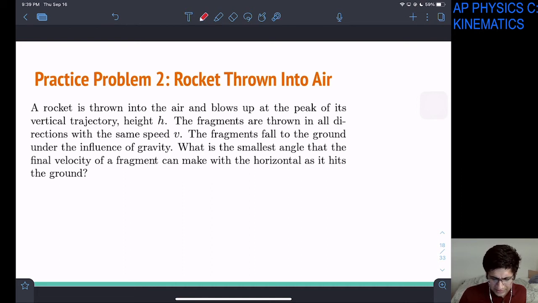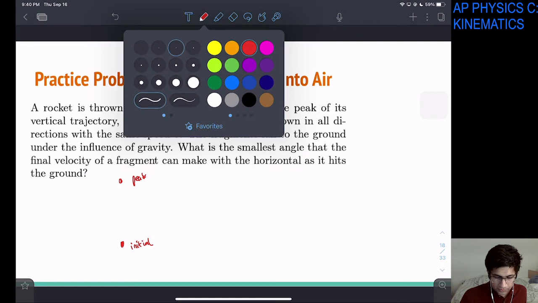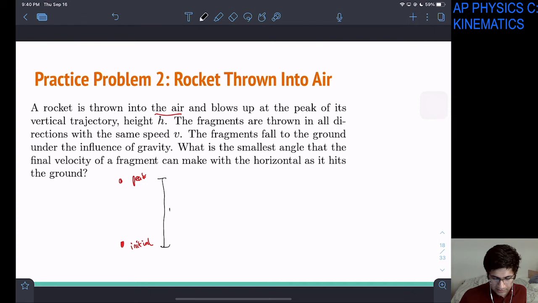So a rocket is thrown into the air. I'm thinking it's going to be launched vertically, right? If we throw a rocket in the air and it blows up at the peak of its vertical trajectory, height h, it's best to represent these as point particles. So this is our initial position, and this over here is our peak. Then we know that the total height over here is h, and then the fragments are thrown in all directions with the same speed v.